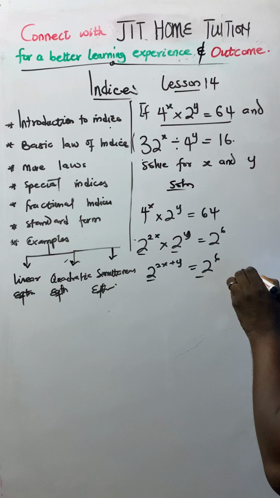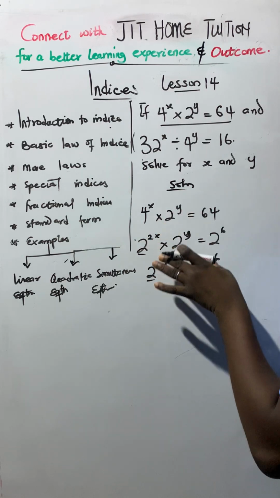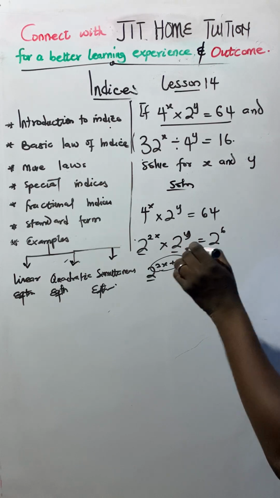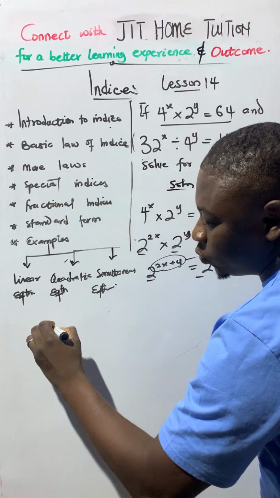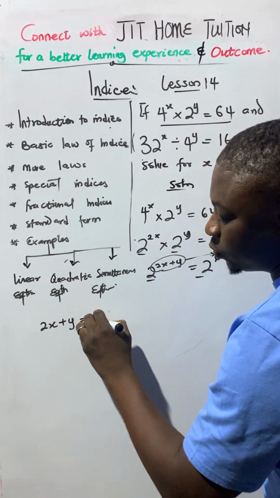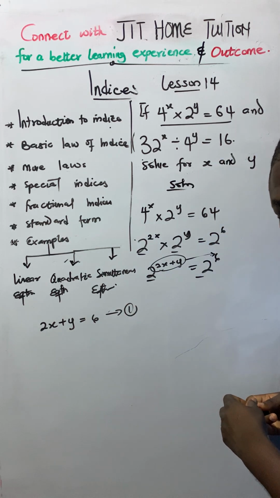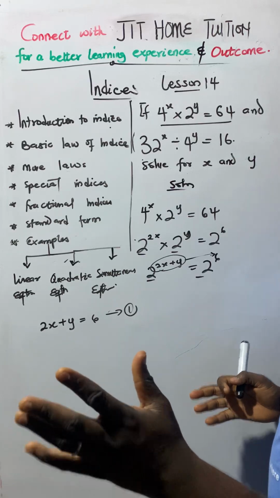Now, because the base are the same, you equate the powers. So you have 2x plus y equal to 6, and you label this one as equation 1. I hope you get it up to this point.